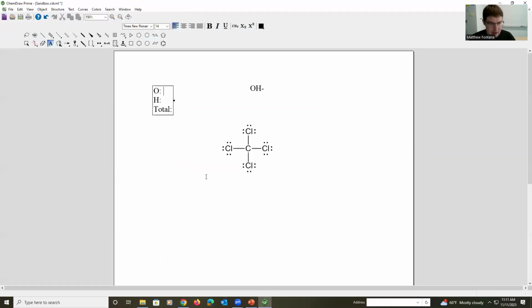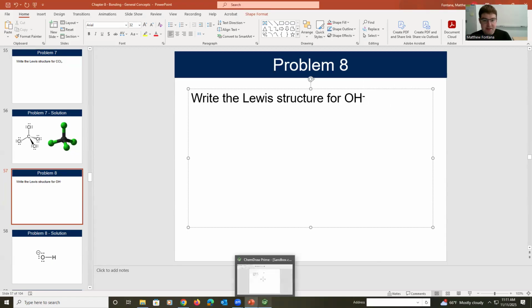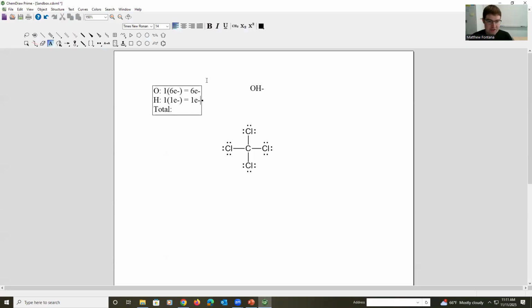So we can say that we have one oxygen, which brings 6 electrons to the party, which gives us 6 electrons. And then we have one hydrogen, which brings 1 electron to the party, so that brings us one valence electron from hydrogen. The important thing to notice here is that we're doing this for OH minus. So this is hydroxide, which means we have one additional electron.